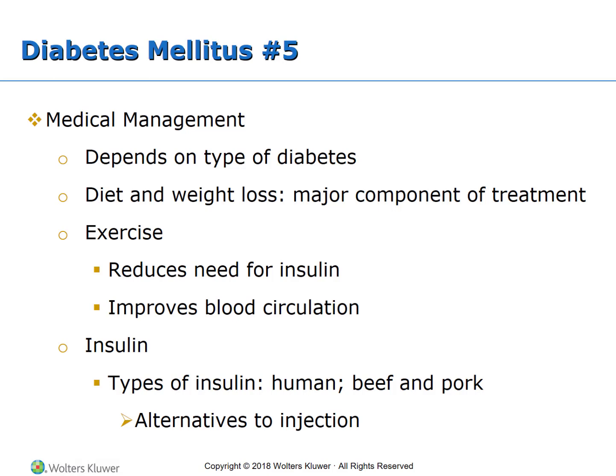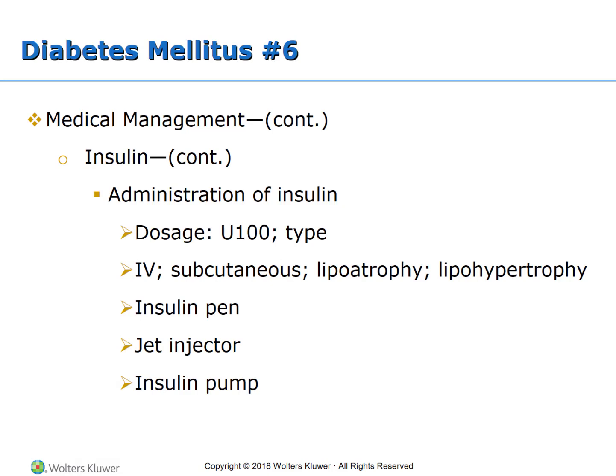There are also alternative ways to injection, which is a transdermal insulin patch system that is currently being developed. We can talk about that further in other discussions, but I do want to focus on the different types of insulins that we have currently.